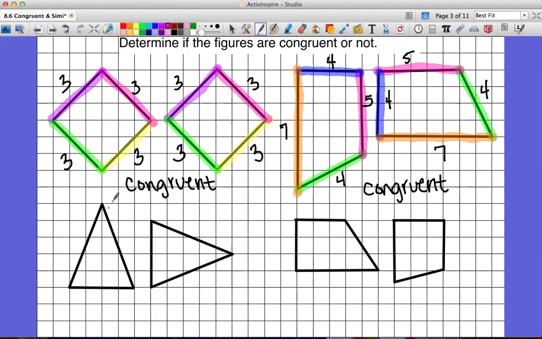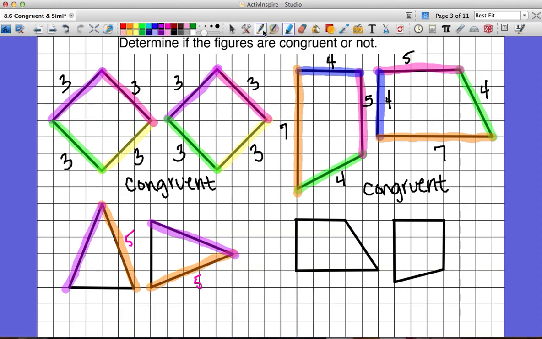Alright, so we'll do the same thing again, the congruent sides. 1, 2, 3, 4, 5. 1, 2, 3, 4, 5. 1, 2, 3, 4, 5. 1, 2, 3, 4, 5.